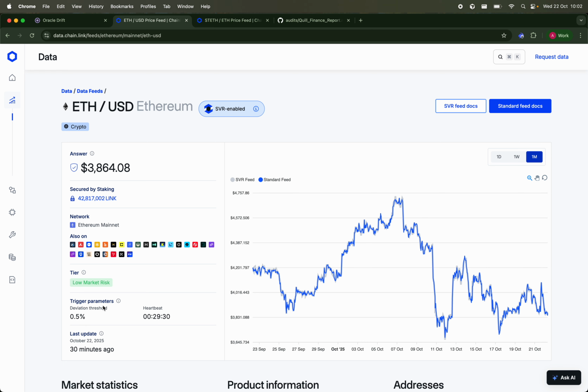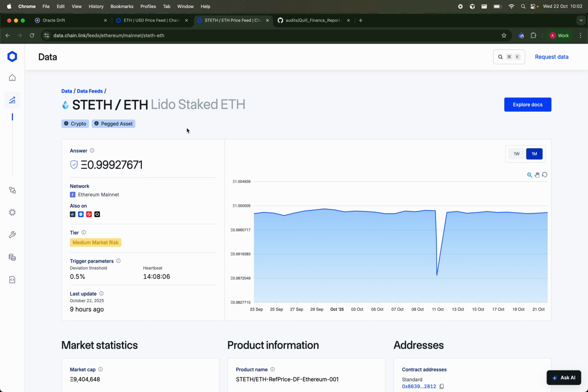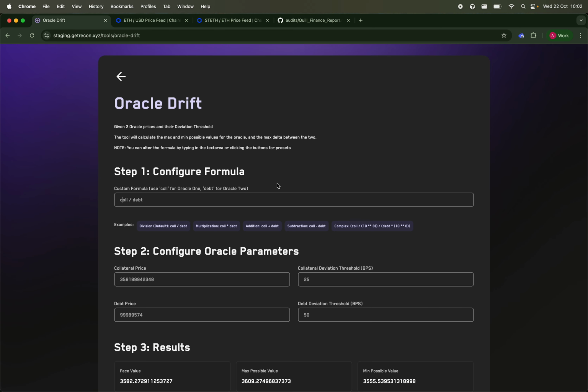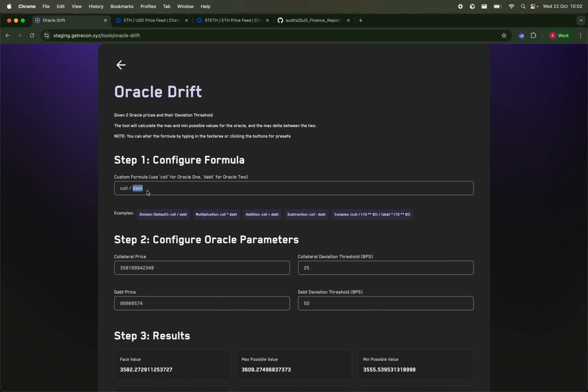So this price could be anywhere between what we see, up to 0.5% up and up to 0.5% down. Then you take another price and you have the same mechanism, where it could be higher or lower by 0.5%. And then you would have to account for the formulas here and likely for the prices that you have.